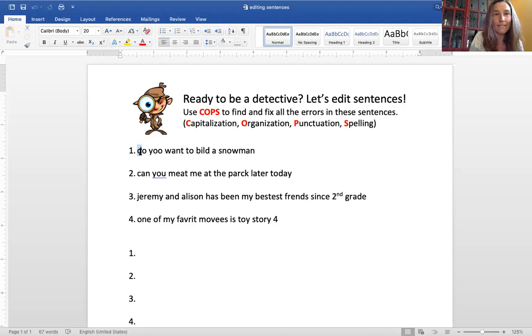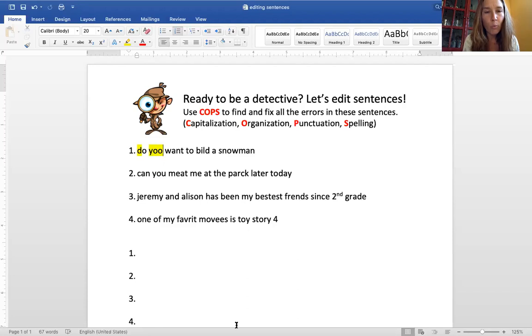So I know that this D needs to be capitalized when I rewrite my sentence. Do you, whoa, you does not look like it is spelled correctly. In fact, it sounds like you, but I know that you is supposed to look like the U down here, which is Y-O-U. So I'm going to highlight this for myself so I remember to correct it.